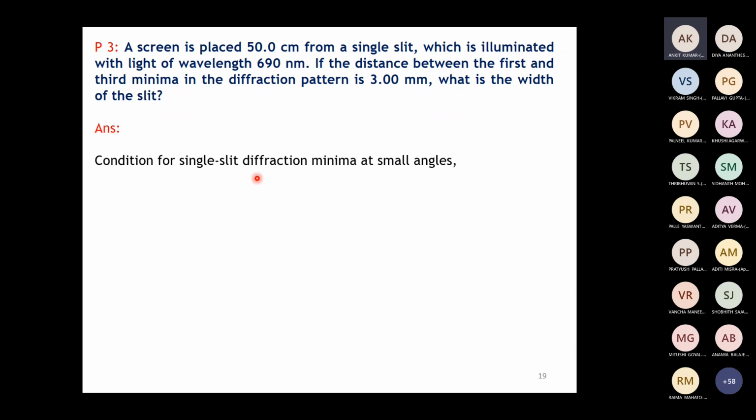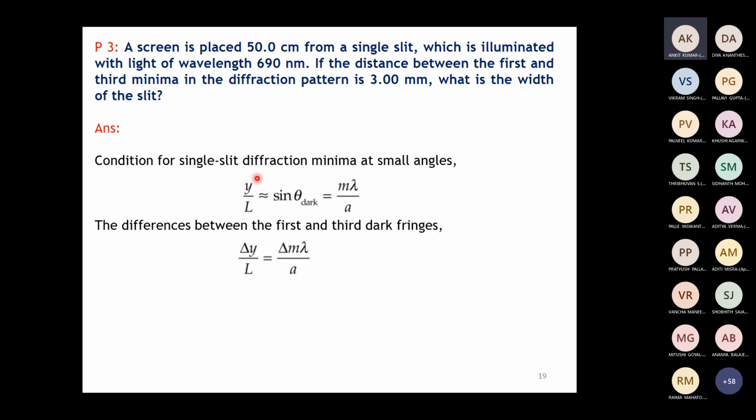So the condition for single slit diffraction minima at small angles is y/L = sin theta_dark = mλ/a, that is a sin theta = mλ. That formula we have used. The difference between the first and the third dark fringes is Δy/L = Δmλ/a. Here Δy is 3 millimeters, which is already given here.